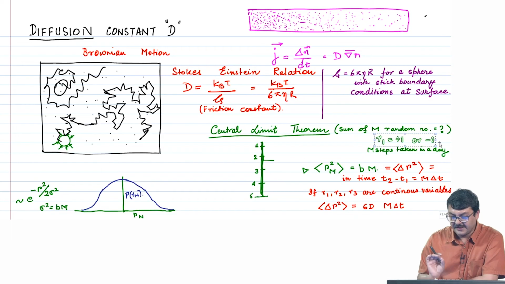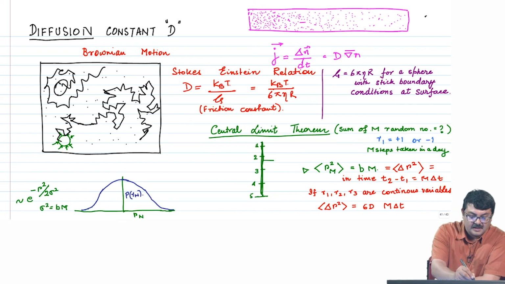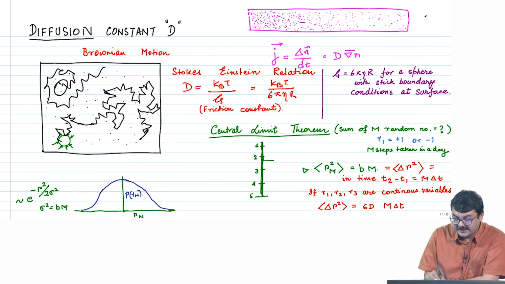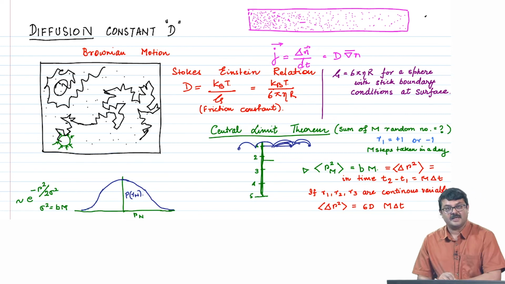If he is really doing a random walk, he will take a step in the right direction, and then maybe another step in the right direction, but after that he has forgotten which direction he is to move, and he takes a step in the left direction, which is minus 1. Each of his steps is exactly of the same length. Then he takes a step again to the right to reach back here, and so on and so forth, and he could even reach somewhere here.